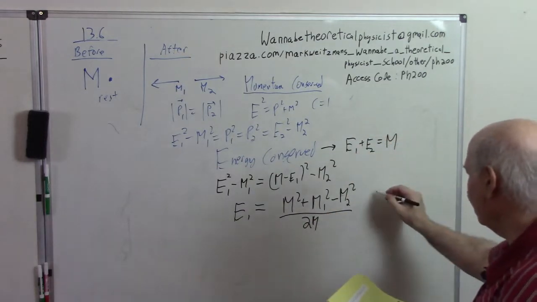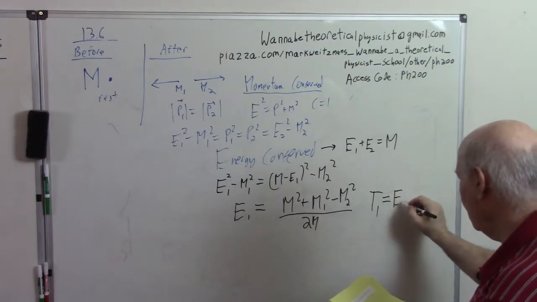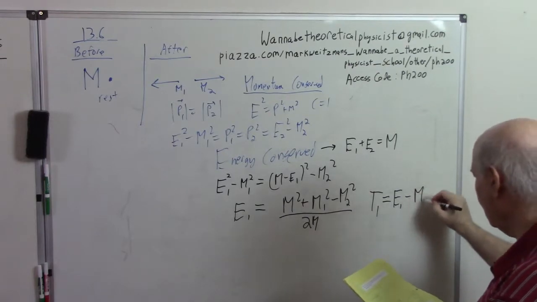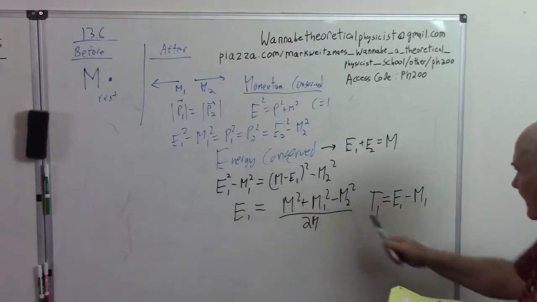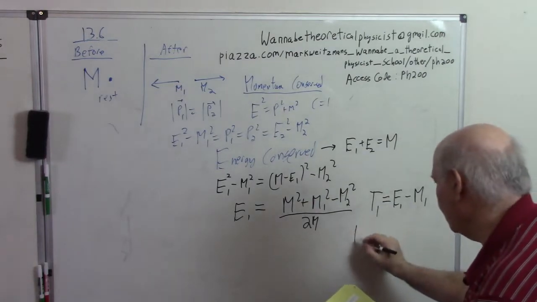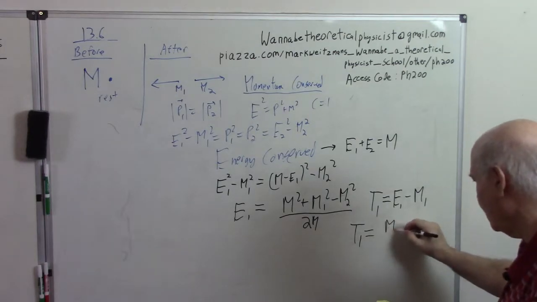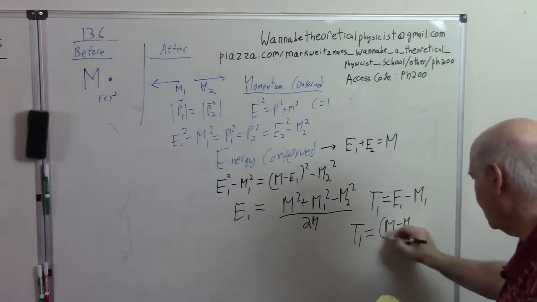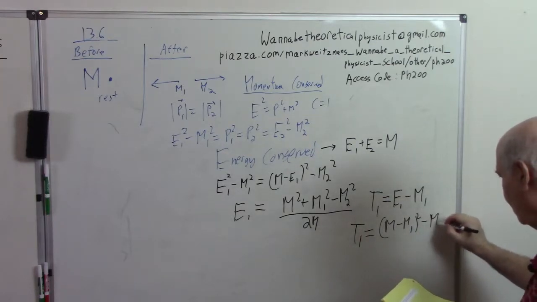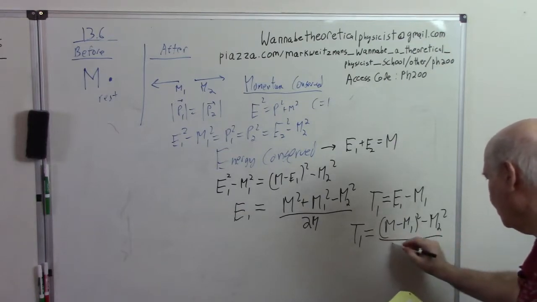And the definition of kinetic energy is the relativistic energy minus the rest mass. So subtract M1 from this expression, it's just algebra, and we're going to get T1 equals M minus M1 squared minus M2 squared over 2M.